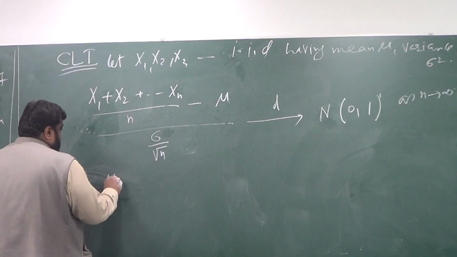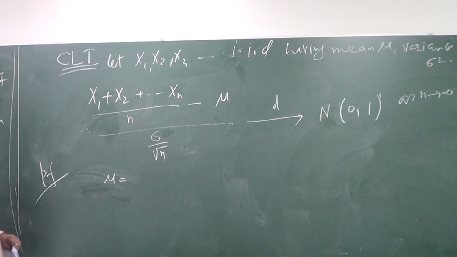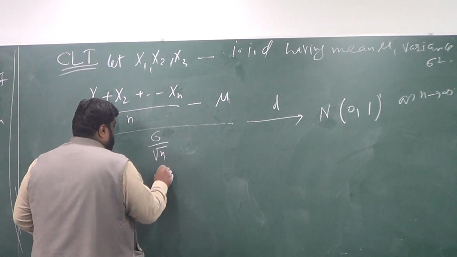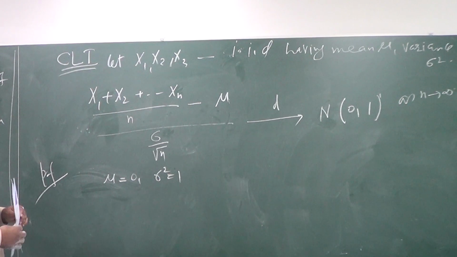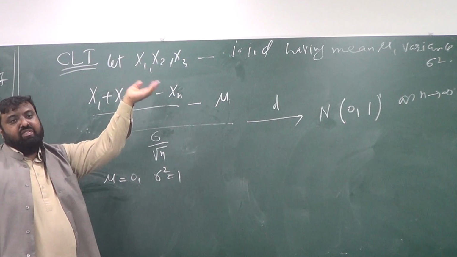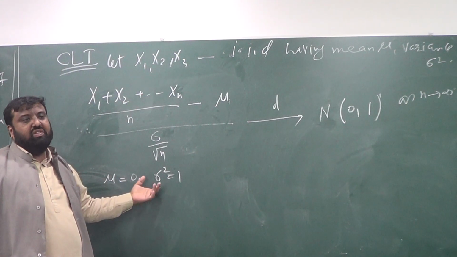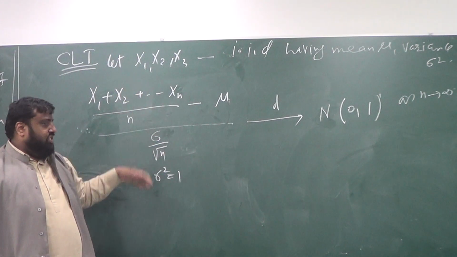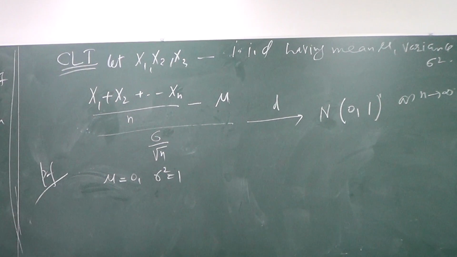We're going to prove first for the case when mu is 0 and sigma square is 1. Assuming you have a sequence of IIDs with mean 0 and sigma square equal to 1, you will see the other case is just a corollary of this idea. So let's prove this.